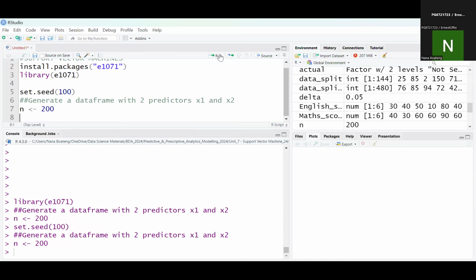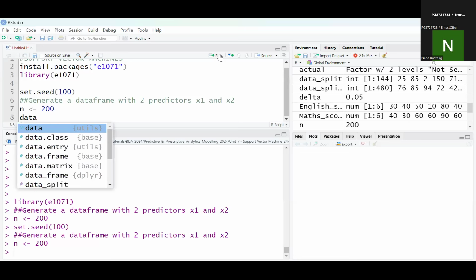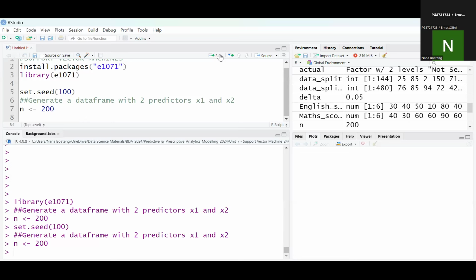So let's create our data frame. Now, for you to understand this, let me start with this. We want to create 200 random numbers.